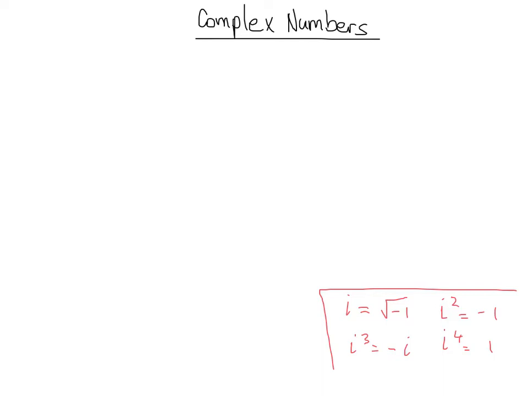Alright, so now we're dealing with complex numbers. Complex numbers have a real part and an imaginary part. So a complex number can look like this, a plus bi. If you see a number that looks like that, that's the real part, and that's the imaginary part.